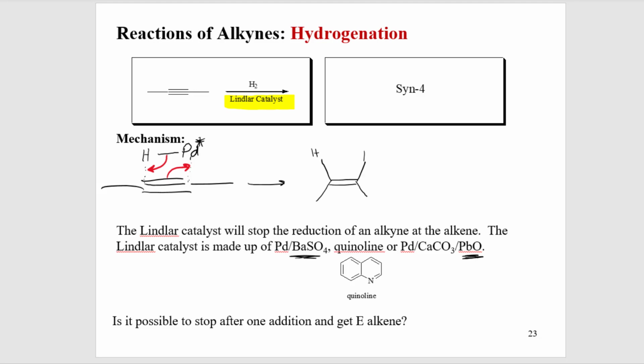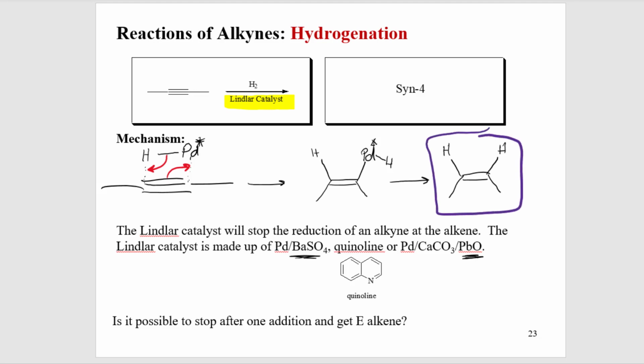Nothing really new other than the fact that we used some crazy special catalyst which ultimately gives me my alkene. So I was able to stop at the alkene here using a special catalyst. That's cool.